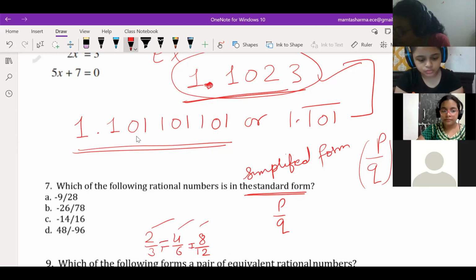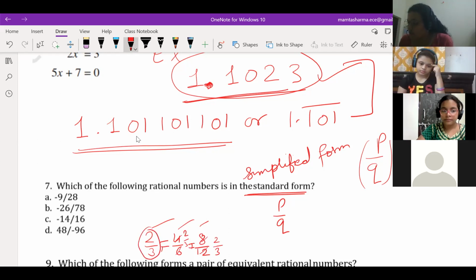If we solve 4 by 6, we will get 2 by 3 only. If we solve 8 by 12, we will get 2 by 3 only. So 2 by 3 is the standard form of the rational number, or we can say it is the simplified form.